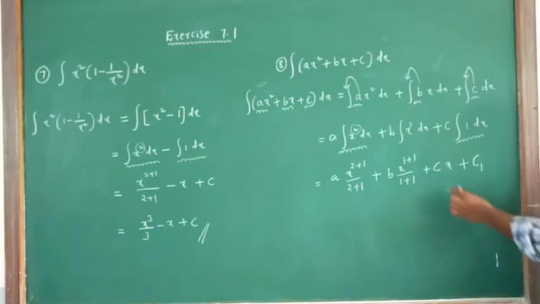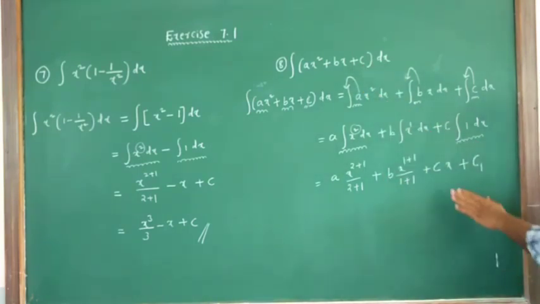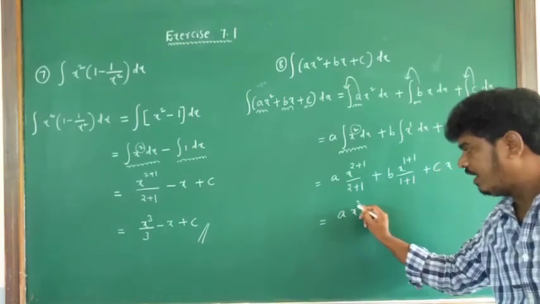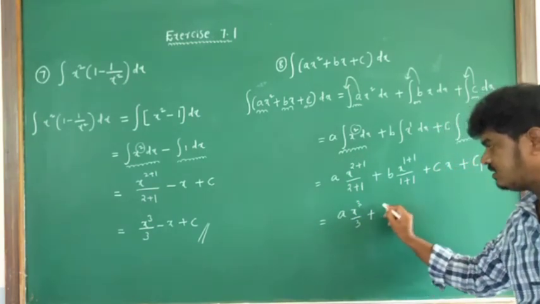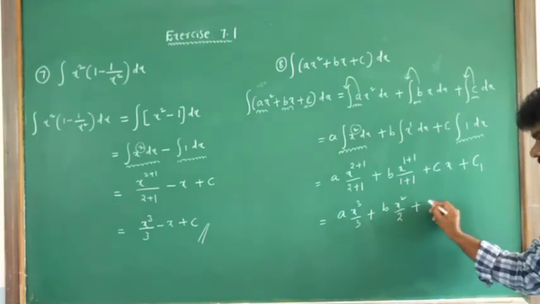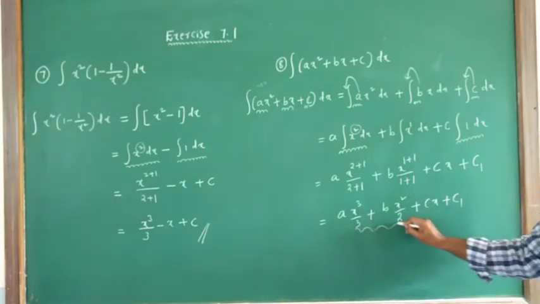Why? Because c is already used in the problem, so I am not taking that c as arbitrary constant, just I am taking c1. So final answer, that is a into x cube divided by 3 plus b into x square by 2 plus cx plus c1. It is the answer of that.